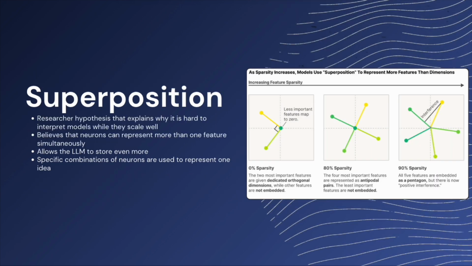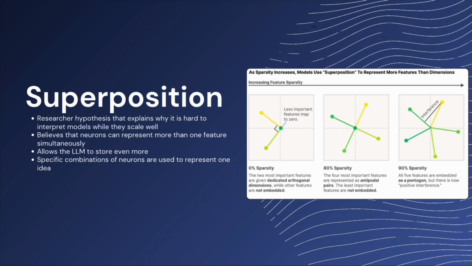Scientists created a hypothesis that LLMs do not represent clean one-to-one features, but rather combinations of multiple features. They believe that neurons can represent more than one feature simultaneously, and this allows the machine to store even more information by using nearly perpendicular values in a three-dimensional plane, like 89 to 91 degrees, rather than an exact perpendicular value like 90 degrees.